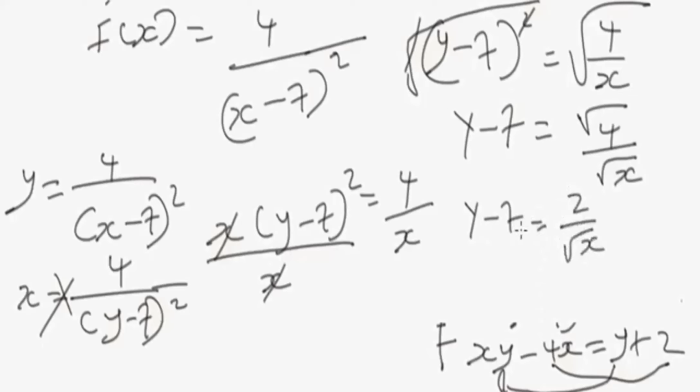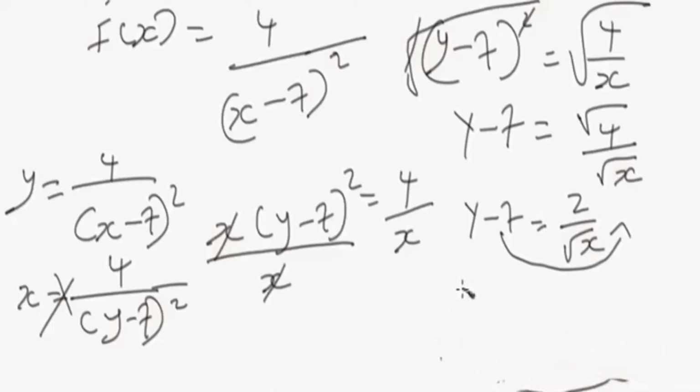Our final answer will now be to take this negative 7 to this side of the equation and turn it to plus to make y the subject of the formula. So when you do it, you're going to have y equals 2 over root of x plus 7, and this will be the final answer.